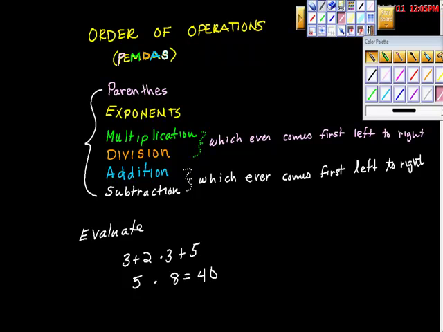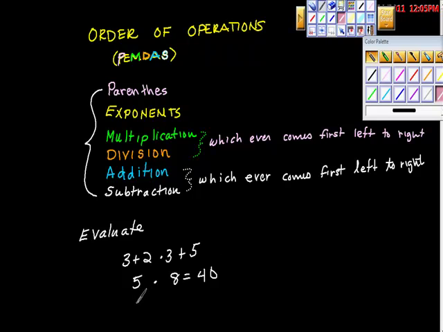Right? Or we could do 3 plus 5 is 8 times 2 is 16, and 16 plus that is 21. So we could do it that way.